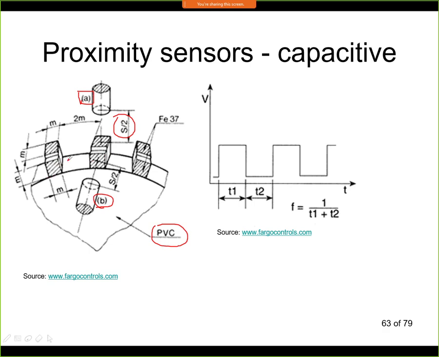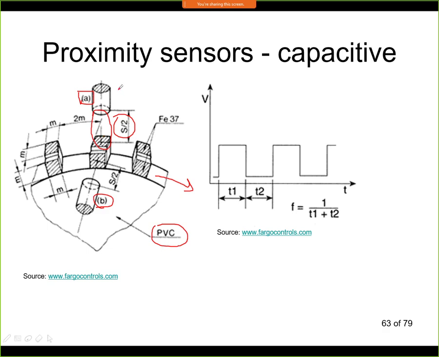This object that you can see here, this box, can be a teeth, or if this would be, for example, a packaging line, then this would be my product and this would be the conveyor belt. So as the object is moving, it's moving like this, and at some instant I see the object like this in the detection area. So I see that the object is there.